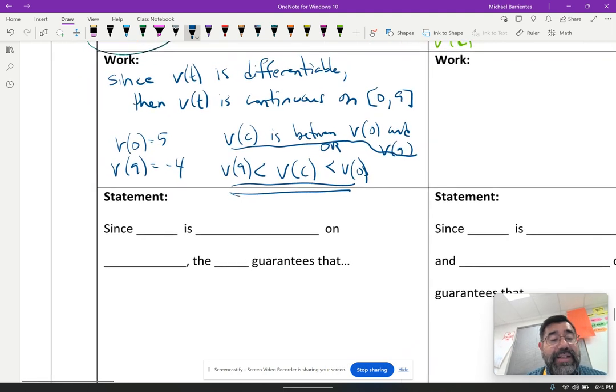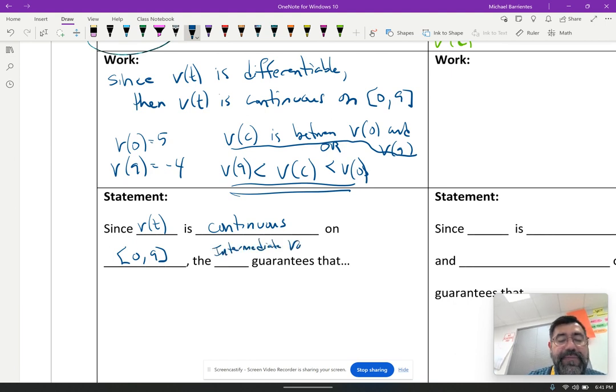Once you declare that, then you can say, well, since v of t is continuous on the interval from 0 to 9, then the intermediate value theorem is going to guarantee me something.